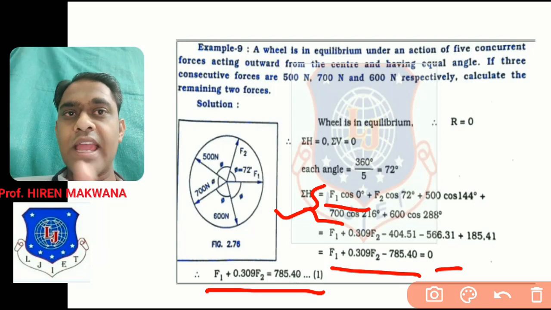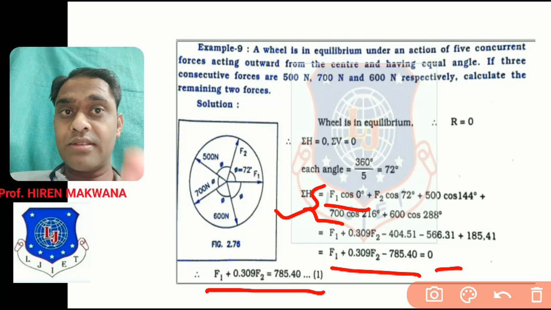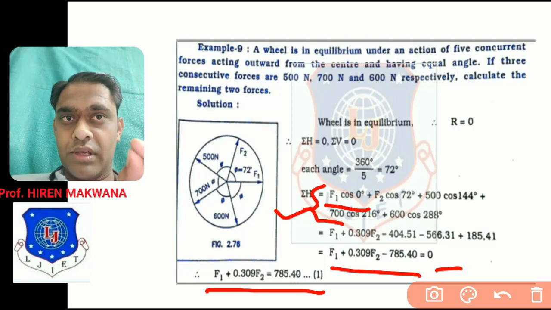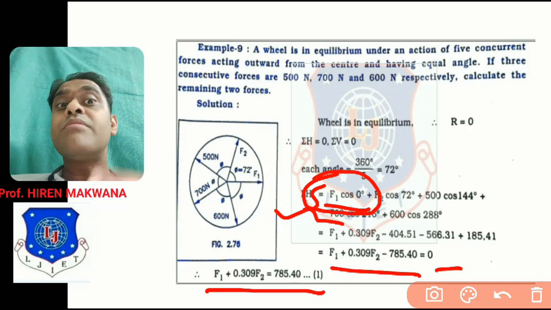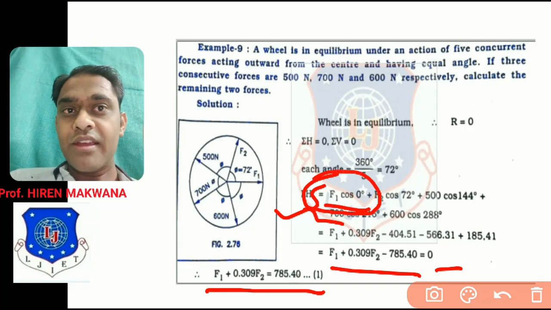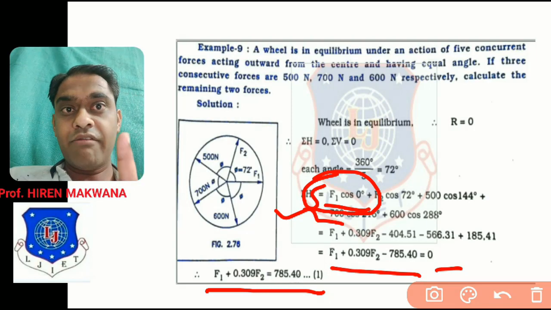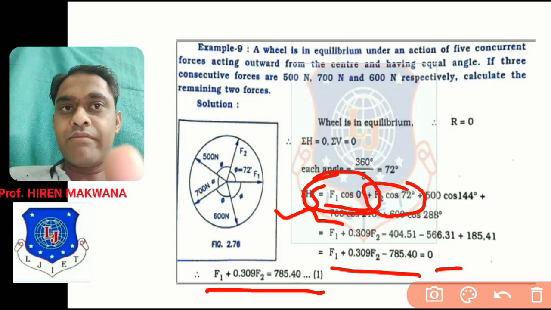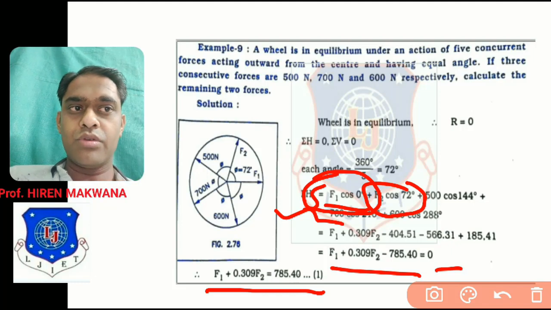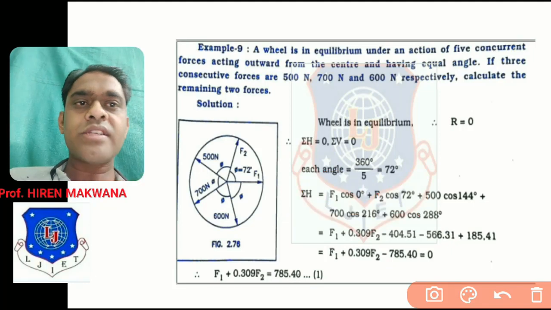Sine 0 means 0, so F1 into sine 0 will become 0. So in that equation only one unknown, F2, will be there. The F1 term will become 0.